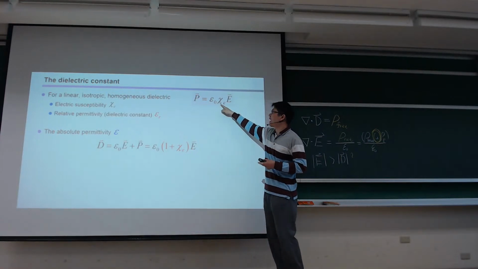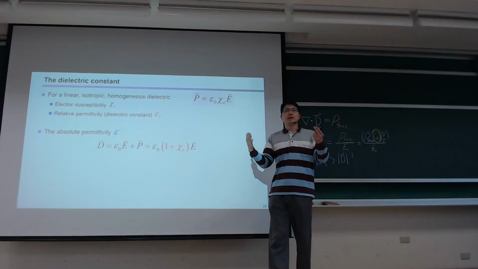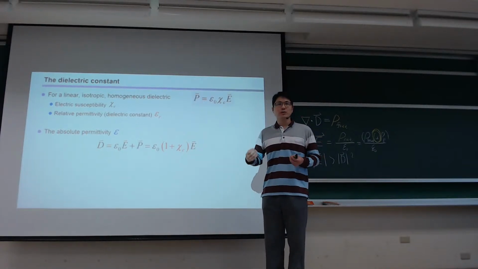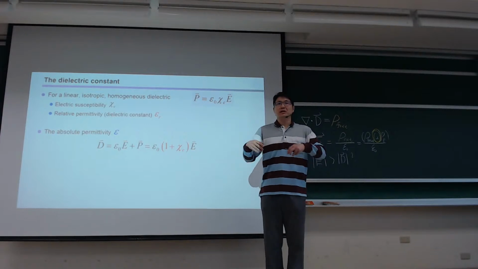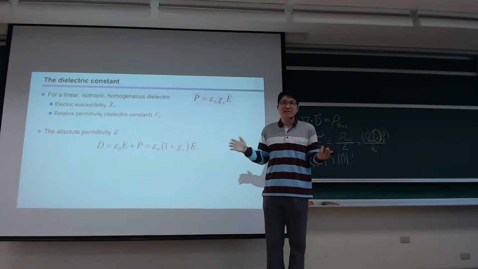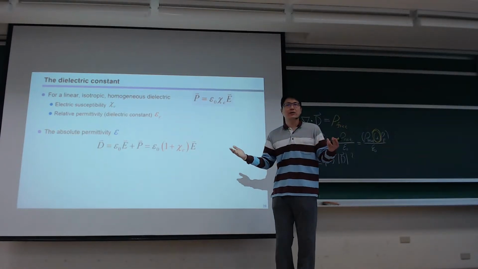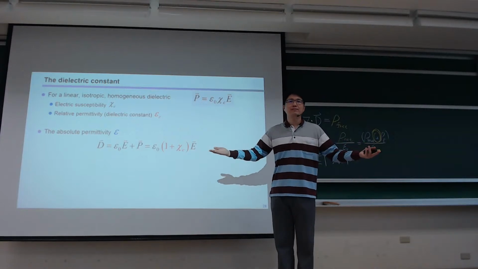If you have a very high chi E value for a given material, this material is very sensitive. You apply some external field, and it produces a lot of dipoles. Right? Vacuum has 0 chi E because vacuum has nothing.